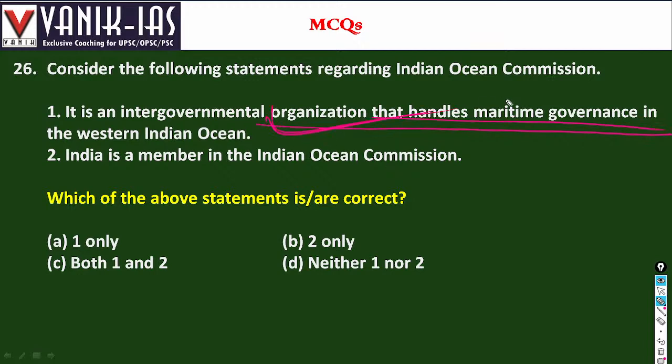This is right. India is a member of the Indian Ocean Commission. India is actually an observer in the Indian Ocean Commission. So the second statement is wrong. Only one is the correct answer.